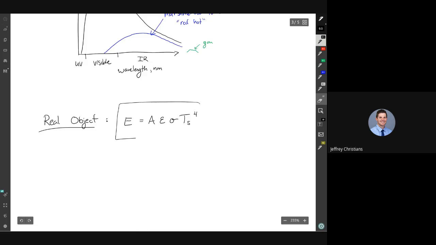I'll box that because that's what we're going to use a lot. A is still area, and this is still the Boltzmann constant. That's the name.